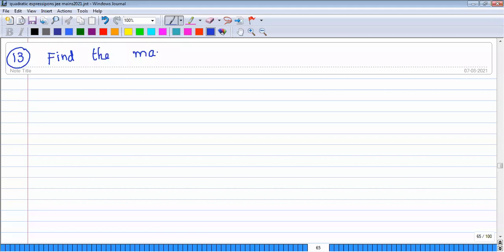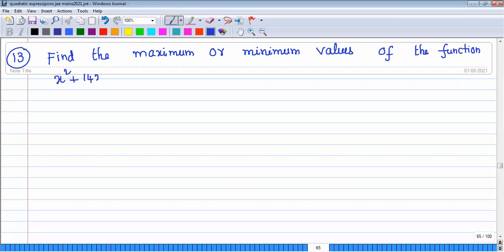Find the maximum or minimum values of the function (x square plus 14x plus 9) over (x square plus 2x plus 3) over R. That means for every x belonging to the set of real numbers.